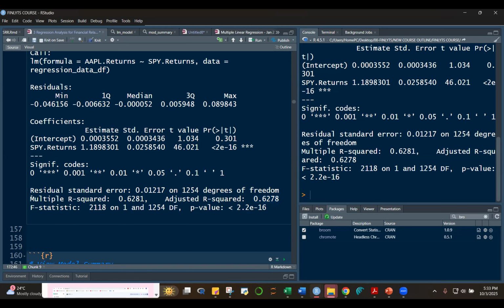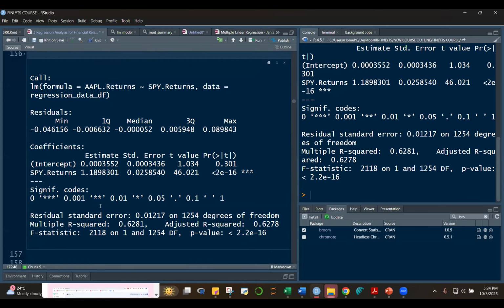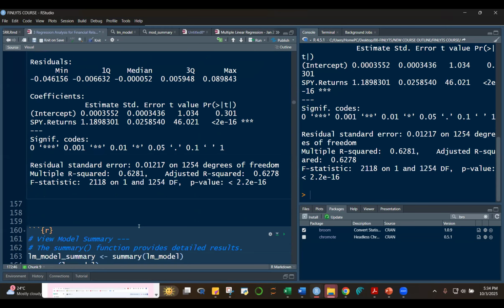Notice I'm not using multiple R squared. Multiple R squared is also here, class. However, adjusted R squared is best used when you have multiple predictors. Because when you have multiple predictors, class, if you keep on adding predictors, then your R squared will always increase.